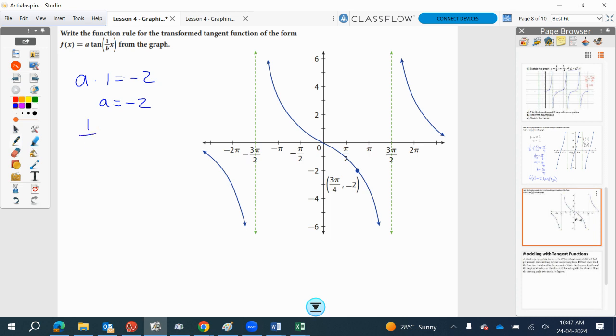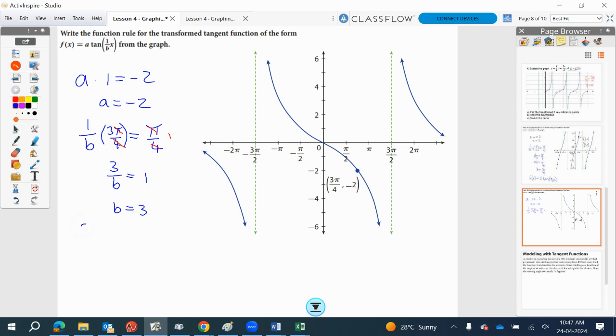We need 1 over b multiplied by 3 pi over 4 to give us pi over 4. So cancelling, these two cancel, and that becomes a 1. So we've got 3 over b is equal to 1, b is equal to 3.